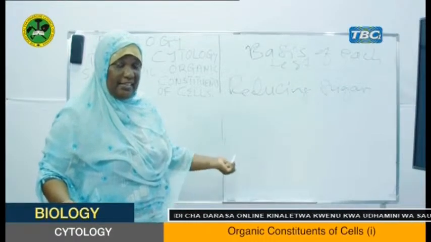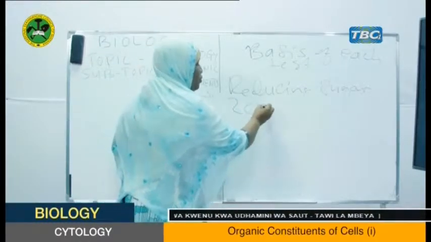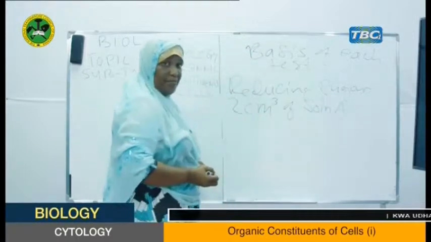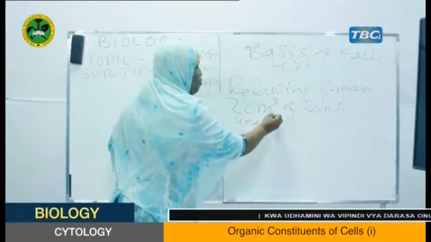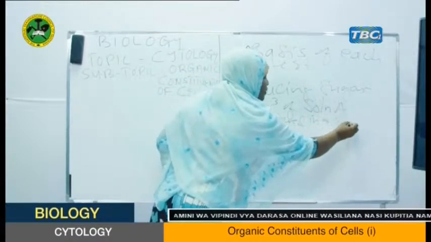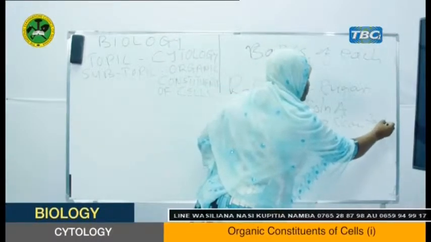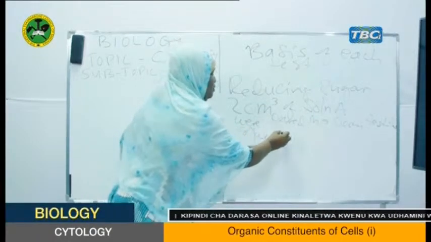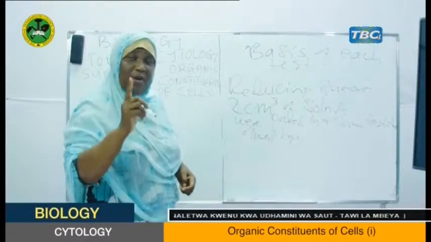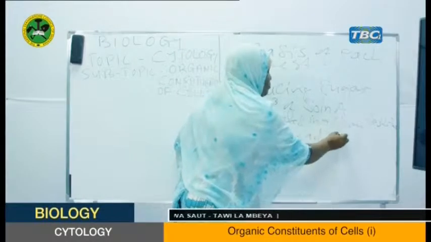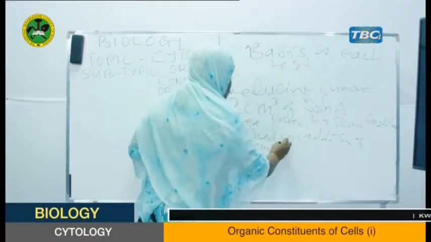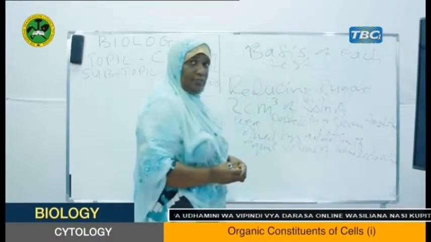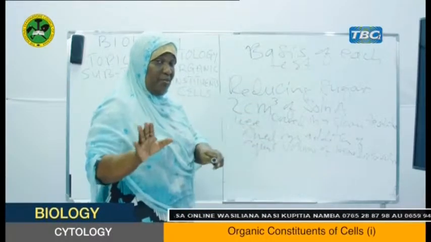For instance, you may say that 2 cubic centimeter of solution A were poured in a clean test tube, followed by addition of equal volume of Benedict solution. That is the procedure. You are familiar with it.